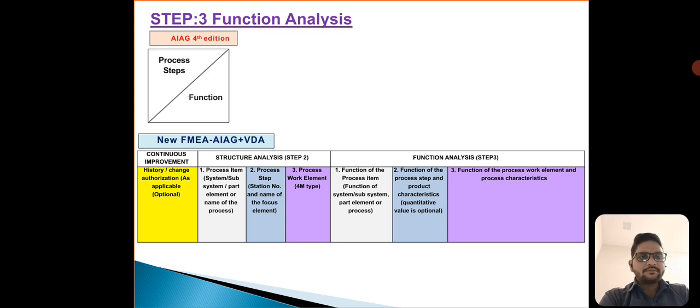A quantitative value is optional, and we need to focus on qualitative. And third, what are the functions of the process work element and process characteristic. We need to focus on product characteristic and process characteristic, as well as the function of the process item. This is the function analysis.